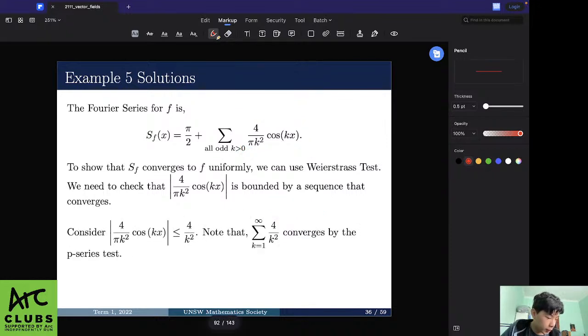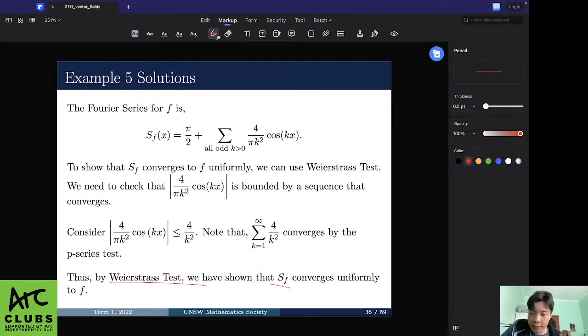What we can do is see that cos is between -1 and 1 always, so we can get rid of it in the absolute value, and then we can see that dividing by pi makes it smaller. So we know that 4 on k squared is always greater than or equal to our term right here. And we know that 4 on k squared converges by the p-series. So since this converges, we can say by the Weierstrass test, S_F uniformly converges to F.